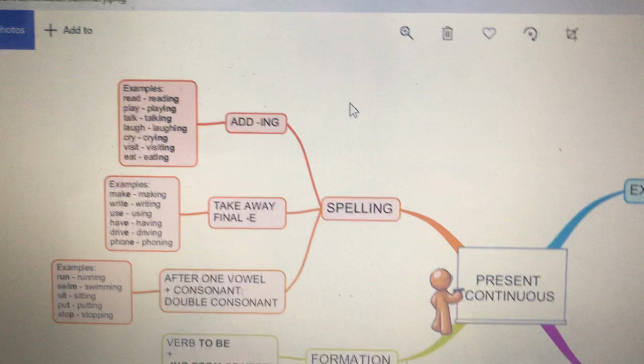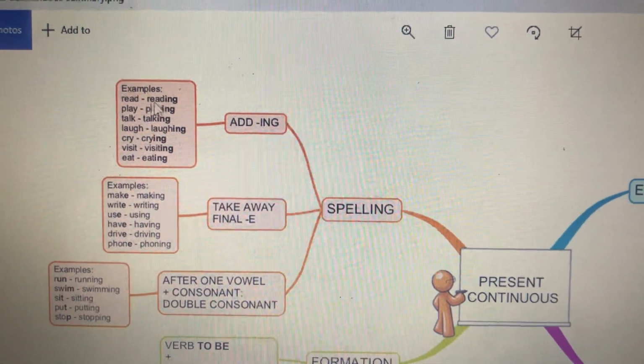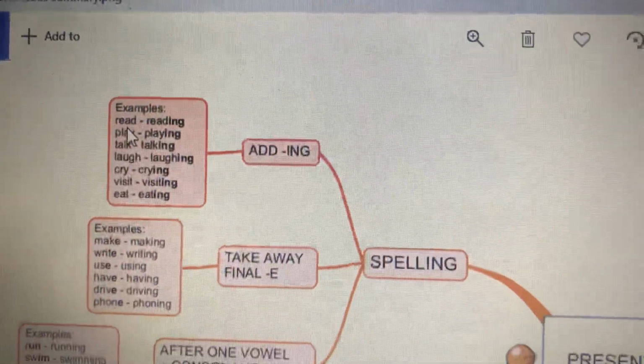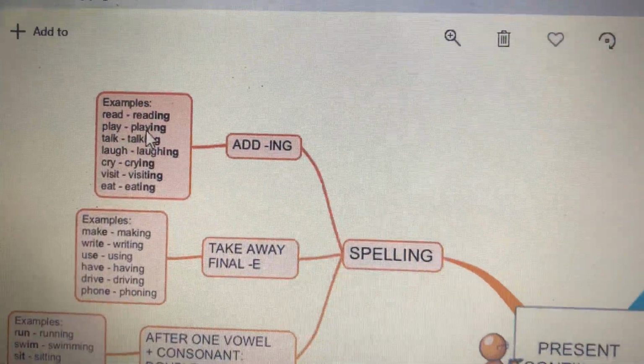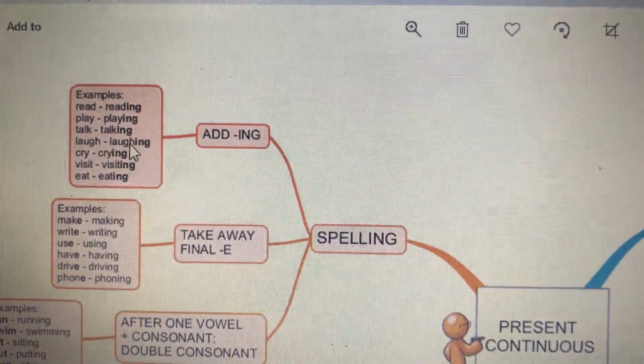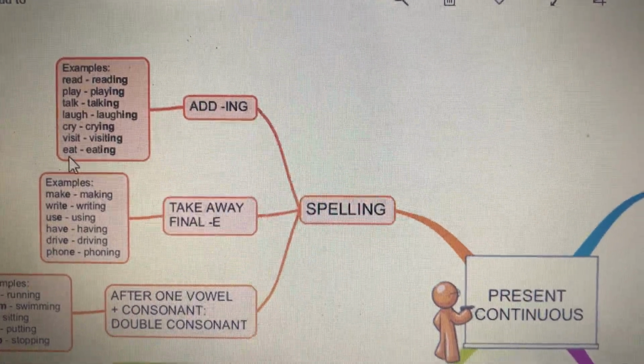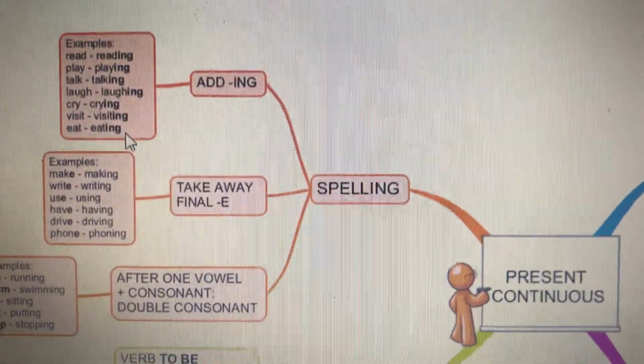If I have a regular verb, I just add ing to it, such as read, reading, play, playing, talk, talking, laugh, laughing, cry, crying, visit, visiting, eat, eating.